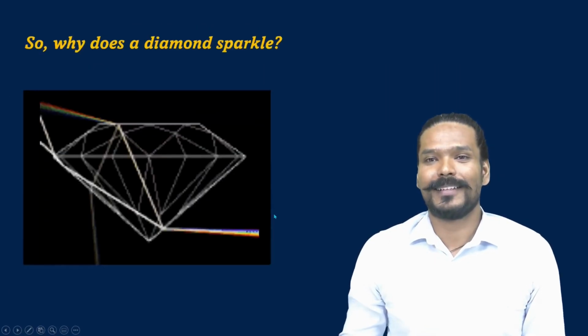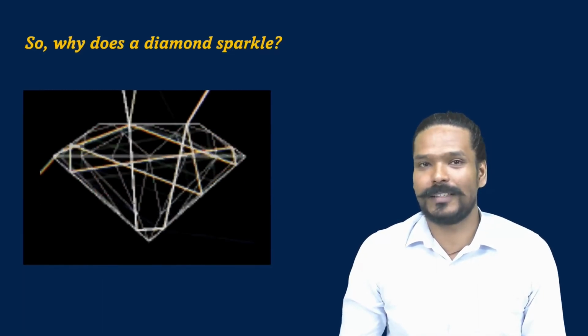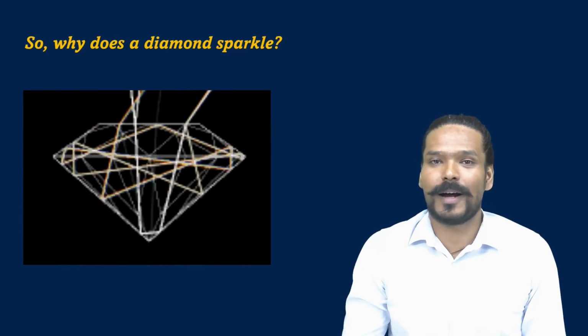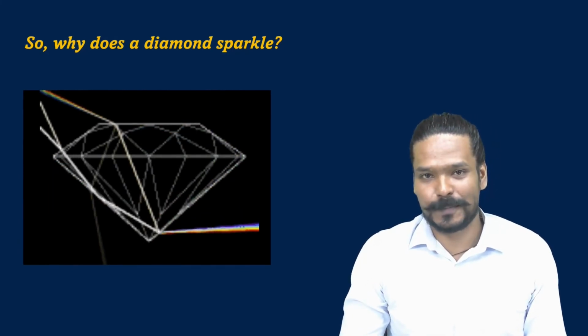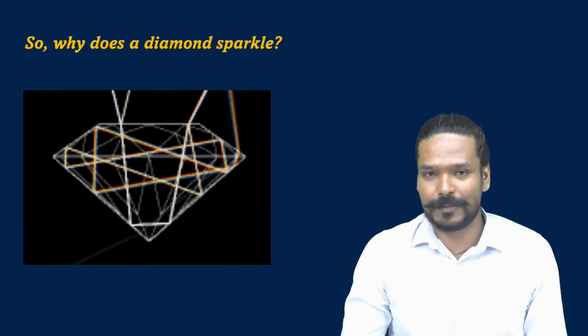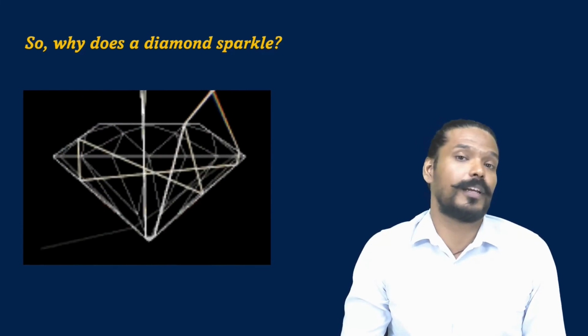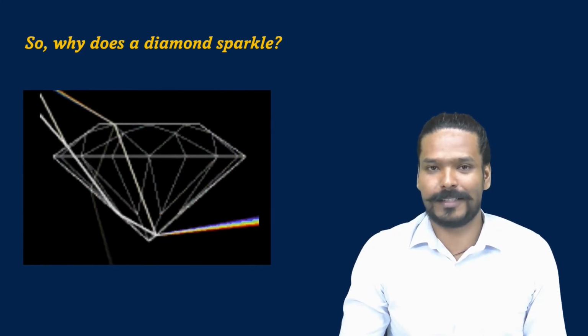So now let's come back to the question we started out with. So why does the diamond sparkle? See, there are two main reasons. The first one is that diamond has a very high refractive index, which means it has a very low critical angle. It is about 24 degrees.